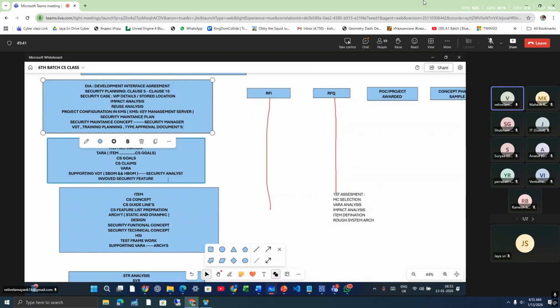But the summation of the type approval documents, you will get help from these guys. Okay, supporting. Type approval and normal application activities also.